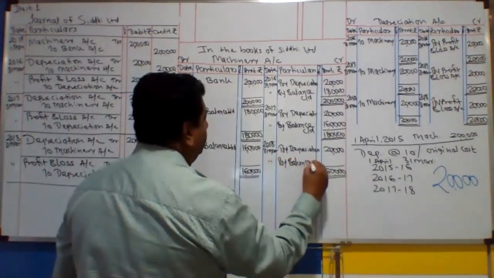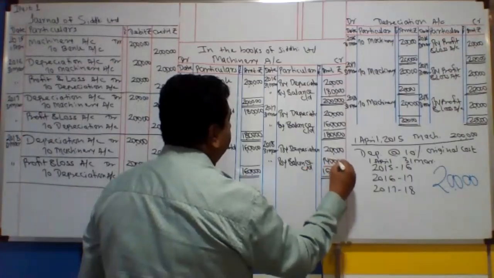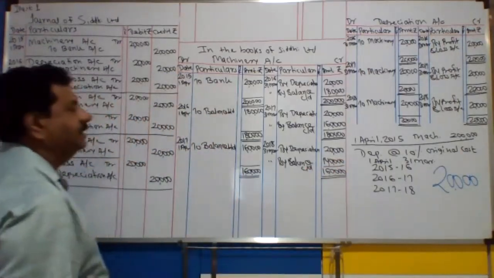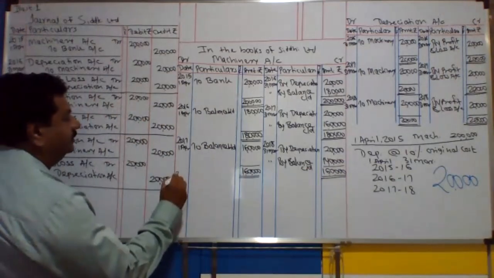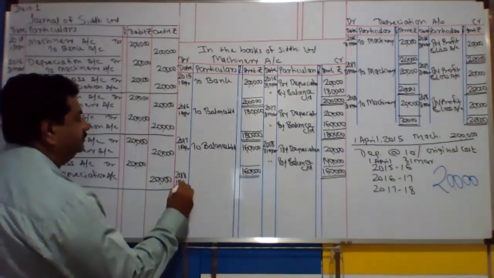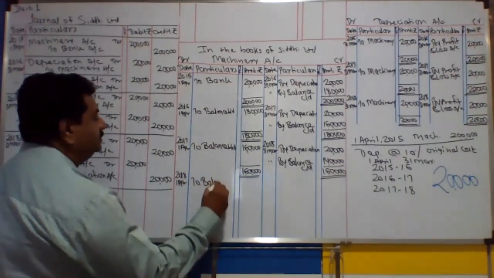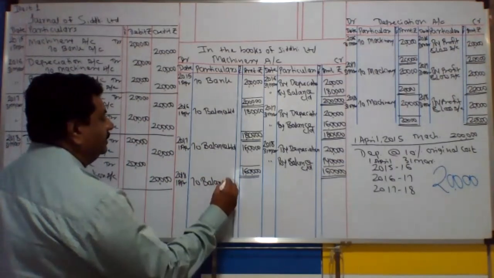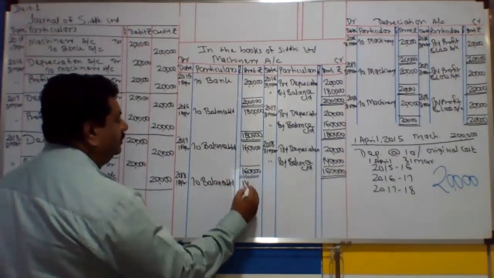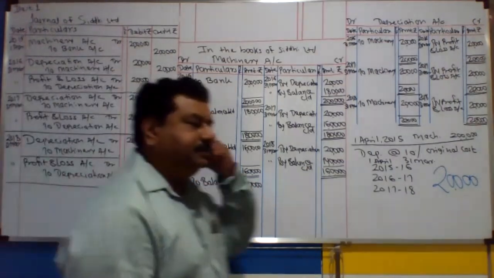By balance carried down is 1,40,000, to be taken ahead. 2018, 1st April, to balance brought down 1,40,000.